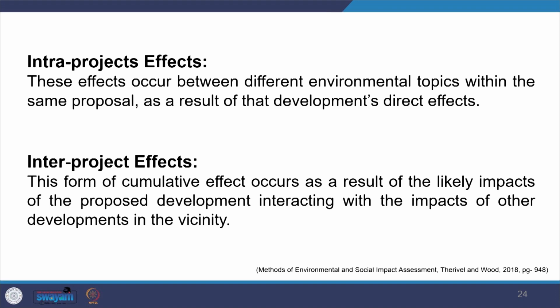And then you also have inter-project effects. This form of cumulative effect occurs as a result of the likely impact of the proposed development interacting with the impacts of other development in the vicinity. So what happens from one project and what happens from the other project, and together what's the result of all those impacts. That's inter-project effects.